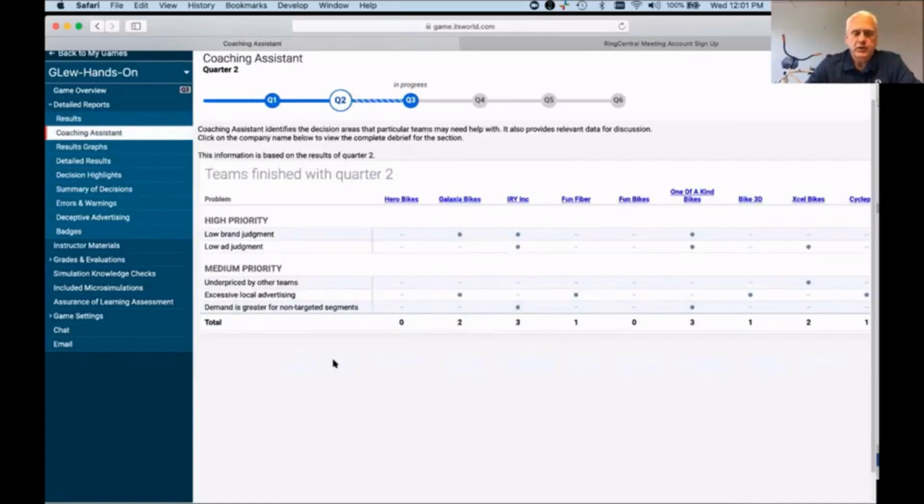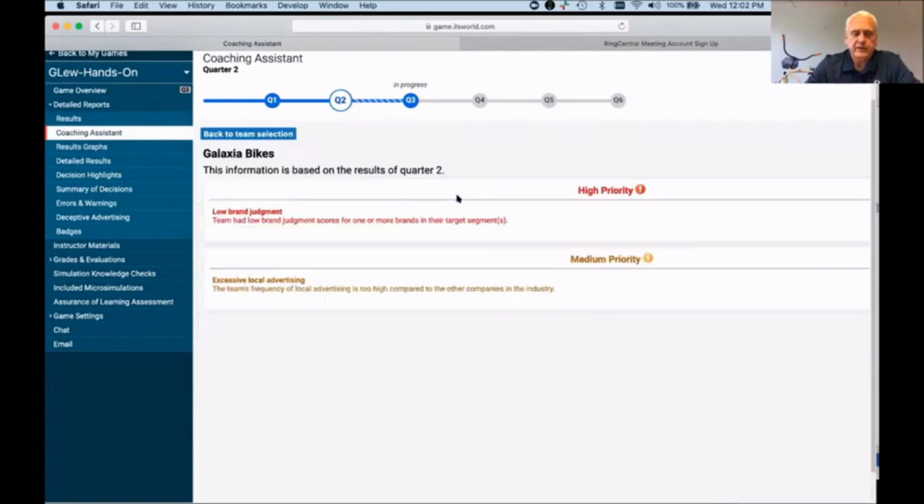We have a coaching assistant, and this is telling me the results of Q2, and where somebody has a low brand judgment or low ad judgment, that might be something I should take a look at. So if I was interested in Galaxy bikes, I would find here that the team had a low brand judgment in their targeted segment.